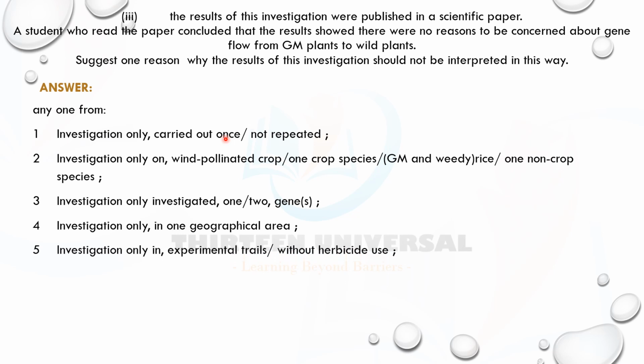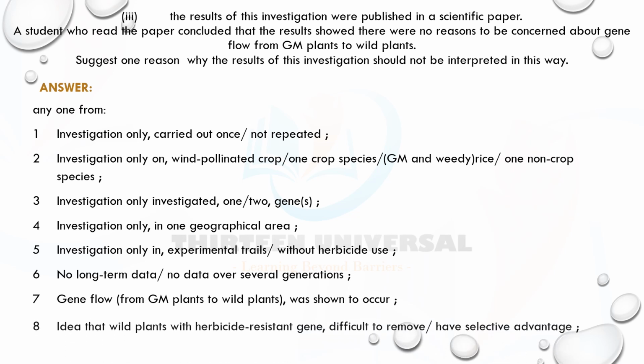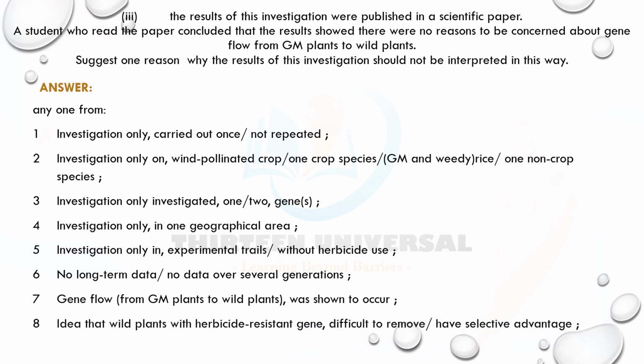As a scientist, these were only experimental trials without herbicide use, and there is no long-term data. You can also tell the person not to conclude there is no gene flow, because there was actually gene flow from GM plant to weedy plant, as they showed herbicide resistance. Weedy plants with resistant gene are difficult to remove.